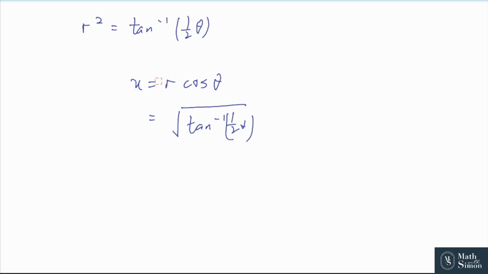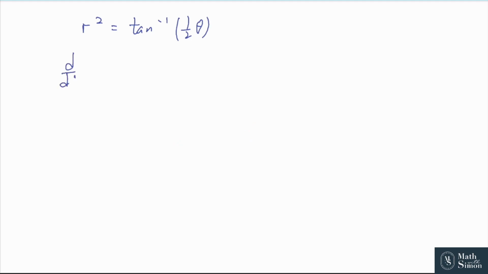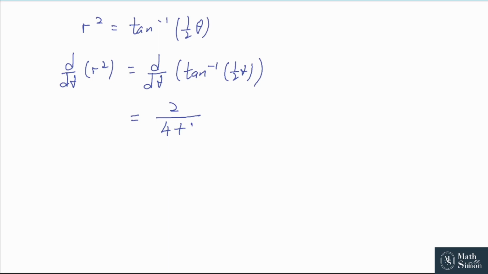So before we look at x is equal to r cos theta, we do a bit of prep work. Let's differentiate this r squared with respect to theta first. We will see the reason later. For the right hand side, we already have the earlier result that we have done by parts.